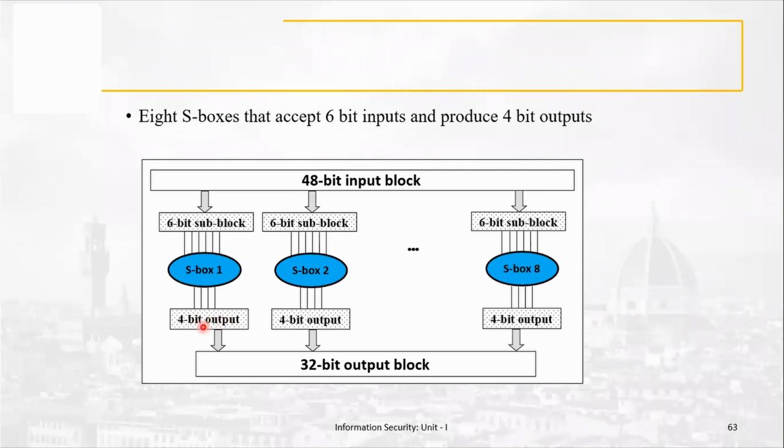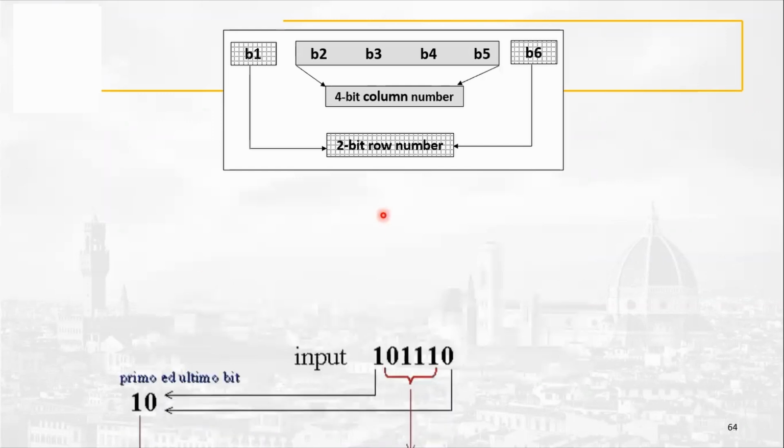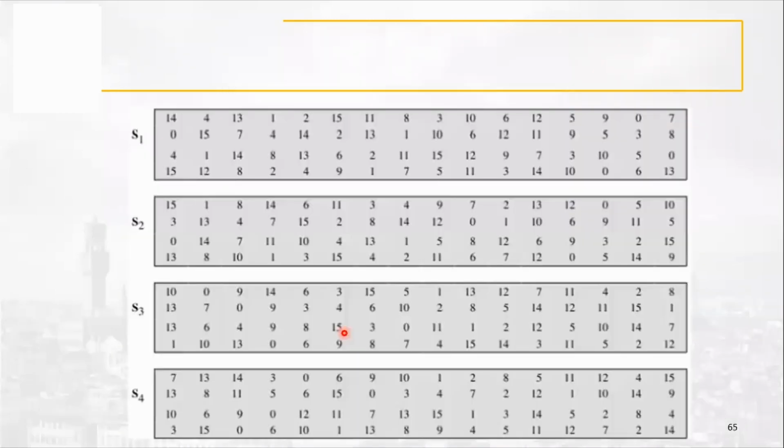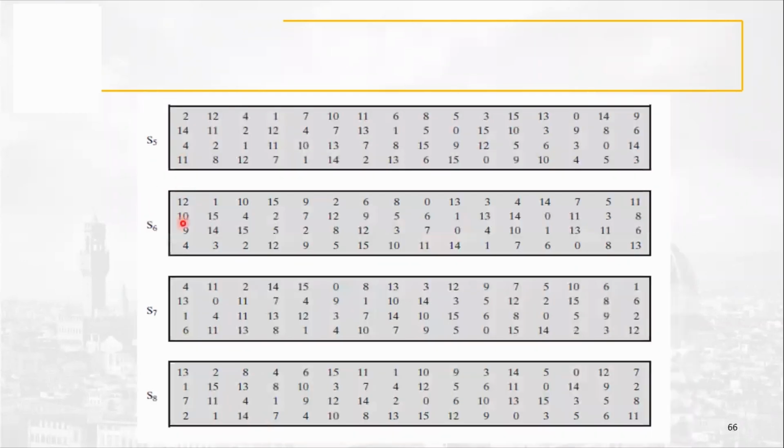Obviously, when you combine all 8 groups of 4 bits, you are preparing a 32-bit output. This is the logic, and S boxes are fixed. This data you'll have to hard code: S1, S2, S3, S4, S5, S6, S7, and S8. These are fixed.